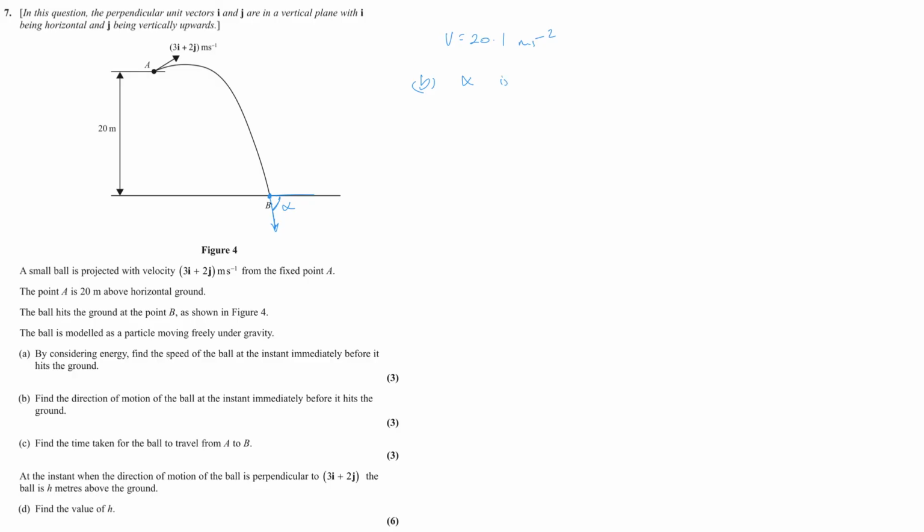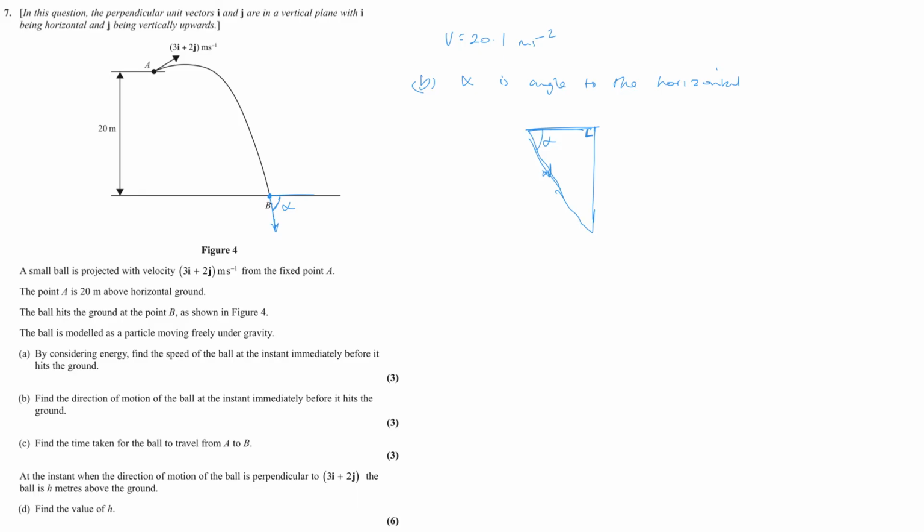Alpha is the angle to the horizontal, like so. That is my alpha, and that's my triangle there.